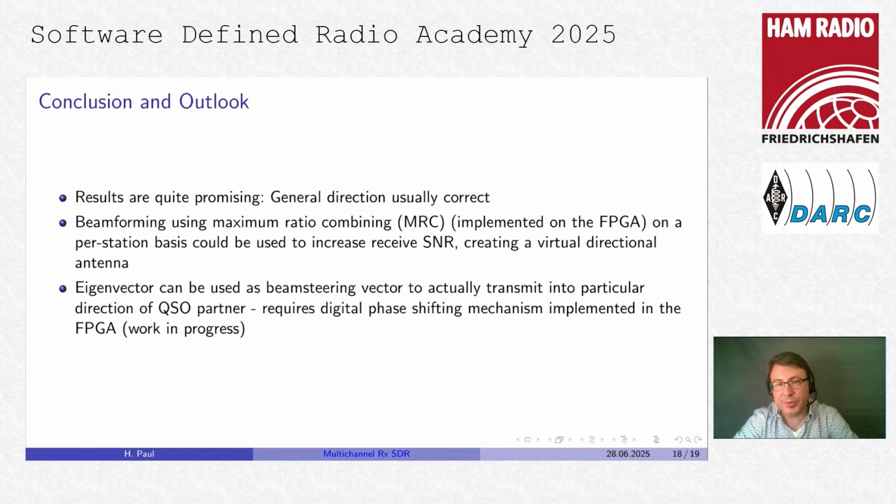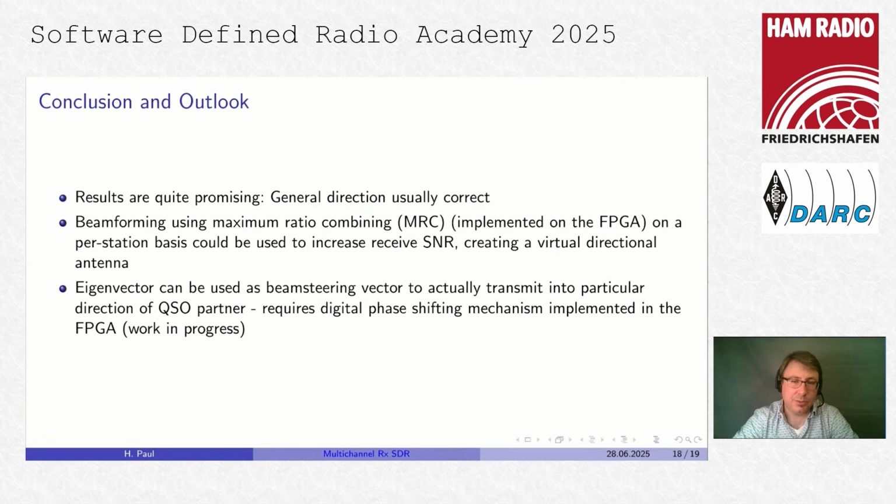The scheme is called maximum ratio combining, and this is usually done to increase the signal to noise ratio, and it works rather well. And this would be something to try out, how much the SNR improves by combining the signals with the correct phase correction and the correct amplitude weighting into one virtual receive signal.